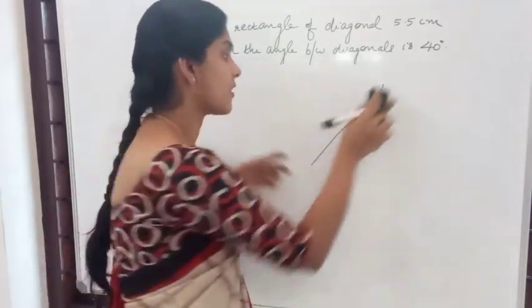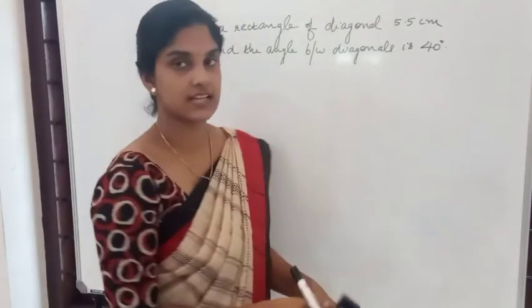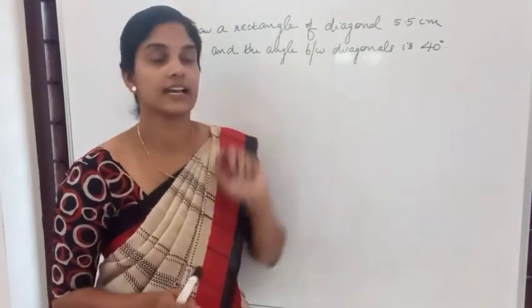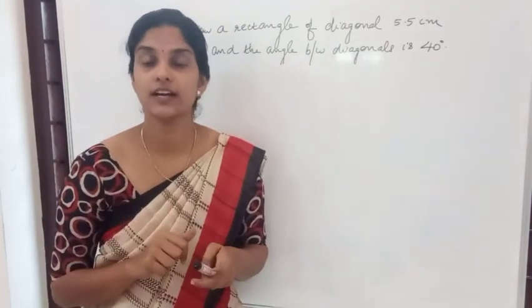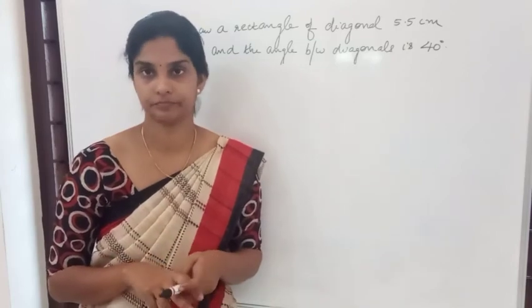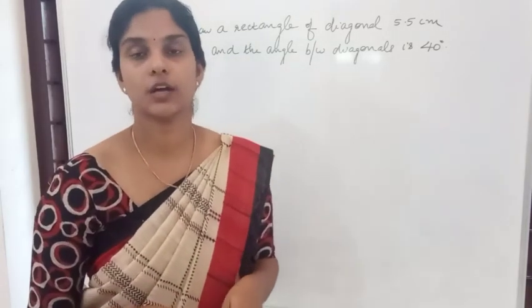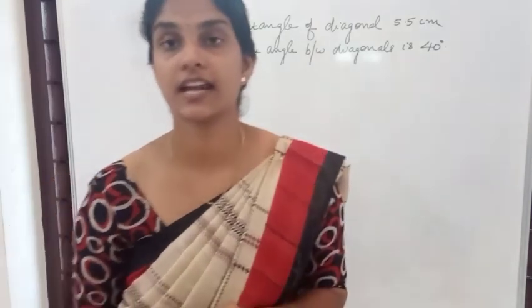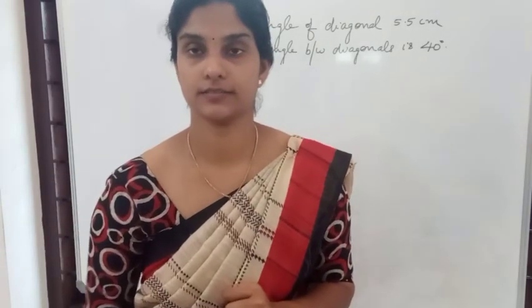This is how you draw a rectangle if the diagonal is given and the angle between the diagonals is also given. Now we shall see another method.